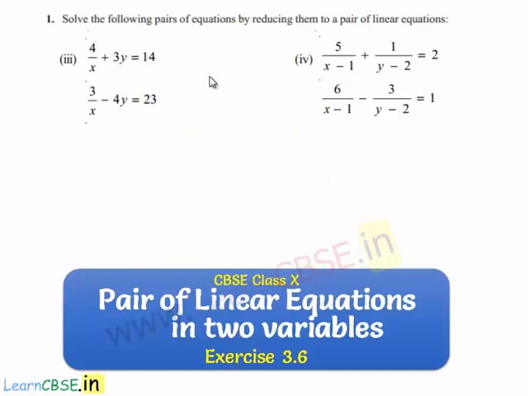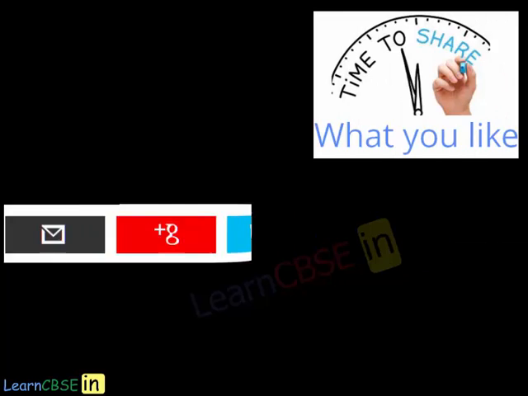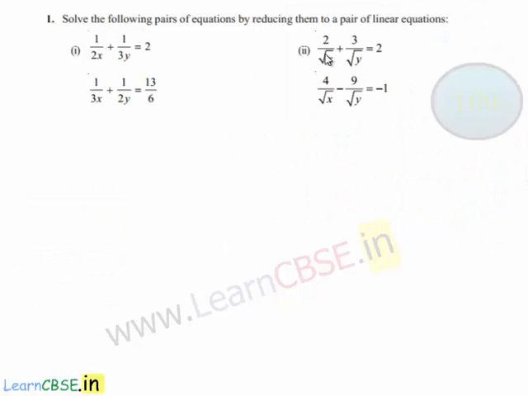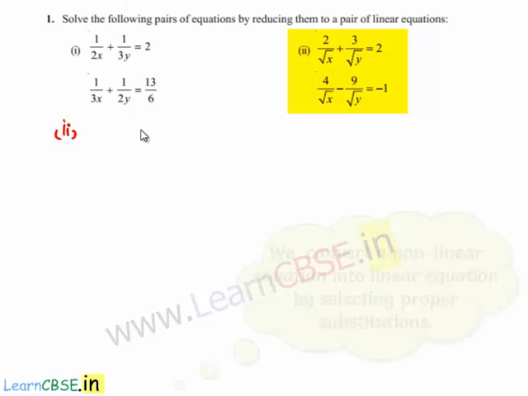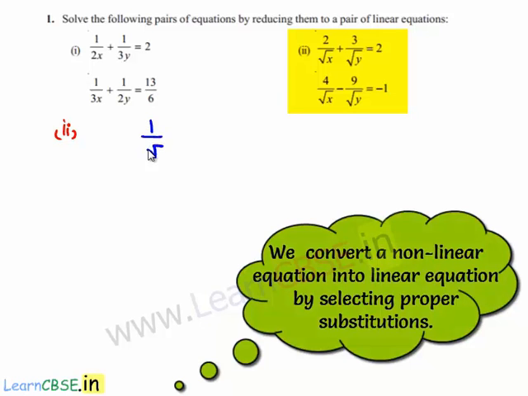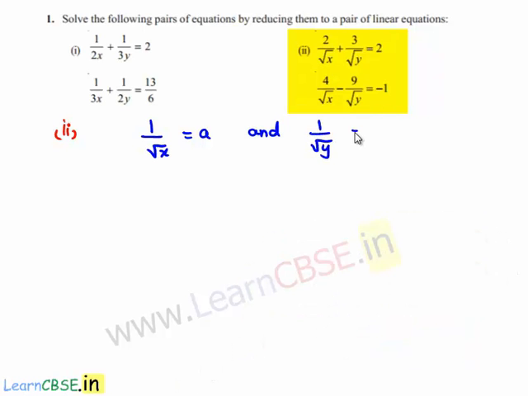Now the second set of linear equations given are 2 by root x plus 3 by root y is equal to 2 and 4 by root x minus 9 by root y is equal to minus 1. So now let us assume 1 by root x is equal to a and 1 by root y is equal to b.